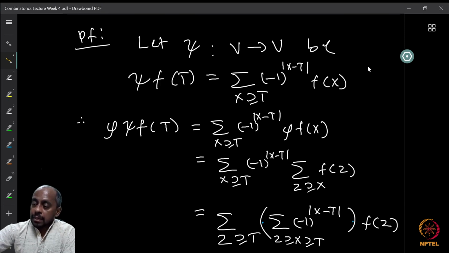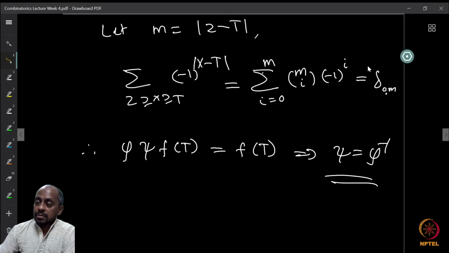Now look at what happens here. This is non-zero precisely when m is equal to 0. So the only term that survives is m equal to 0. What is m equal to 0? That is z equal to t.